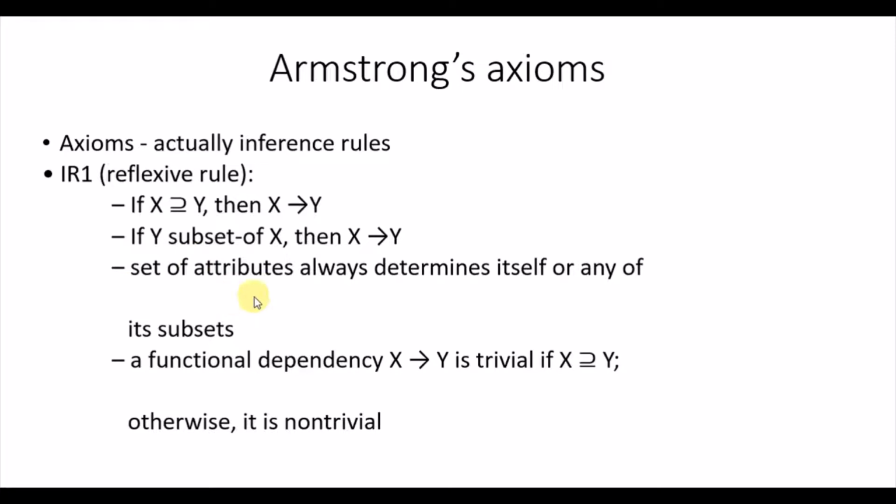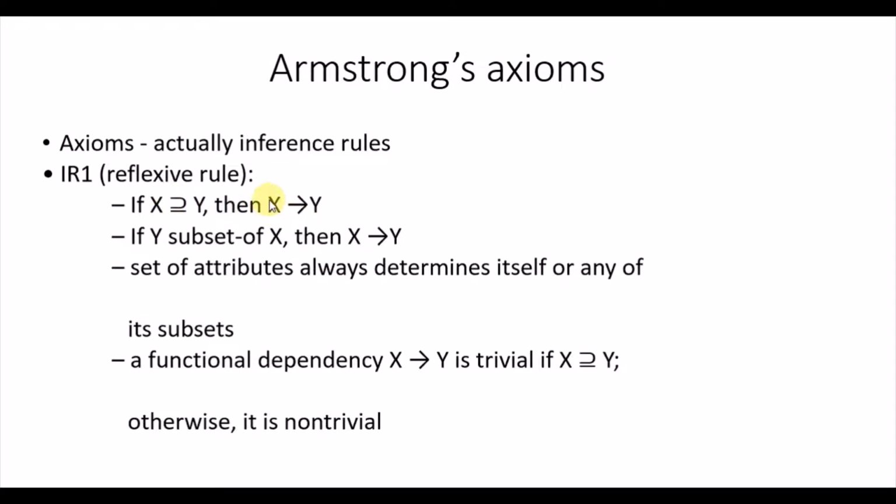So we have Y, which is a subset of X. So we can say that any set of attributes will determine itself or any of its subsets. Here Y is a subset of X, so X functionally determines Y. A functional dependency X to Y is trivial if X is a superset of Y, otherwise it is non-trivial.